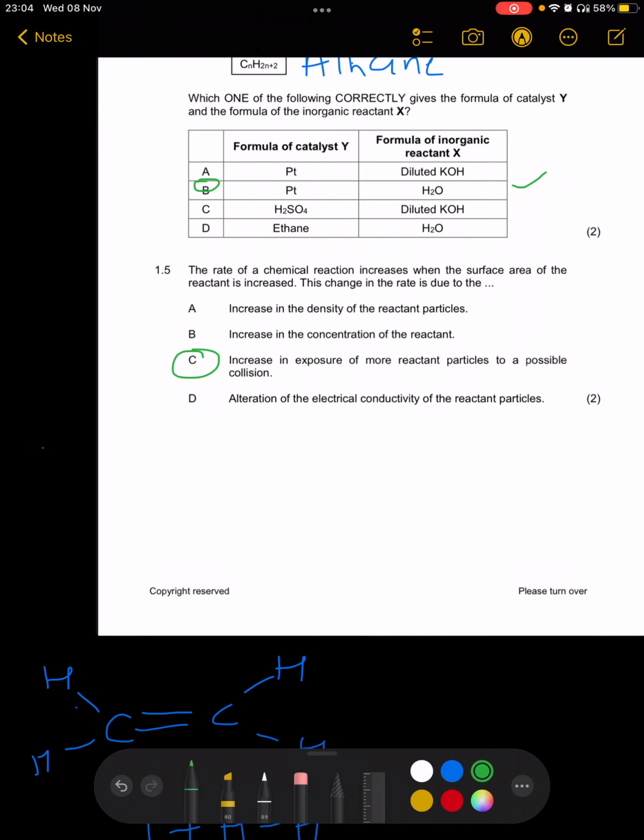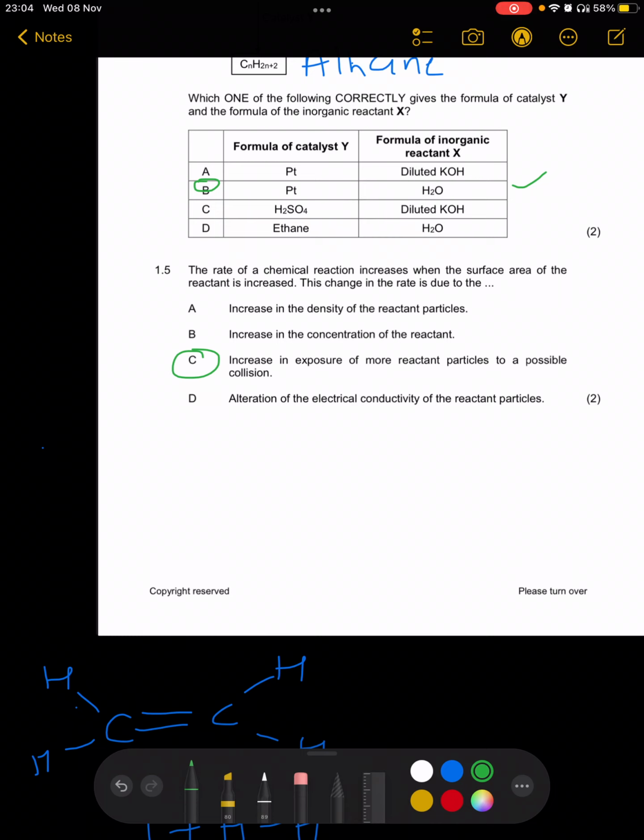Which one gets to work fast? Grandpa powder gets to work fast, which means it has an increase in exposure of more reactant particles to possible collisions, which means it heals you faster than just taking Adcodol or a Panado tablet. My apologies to those companies. I'm not trying to promote or trash.